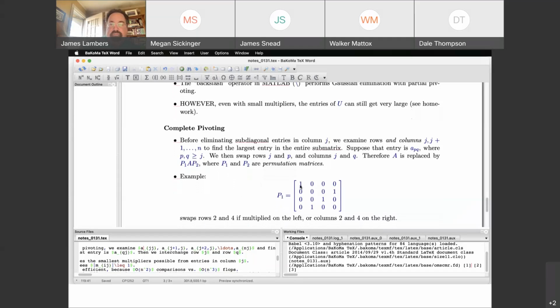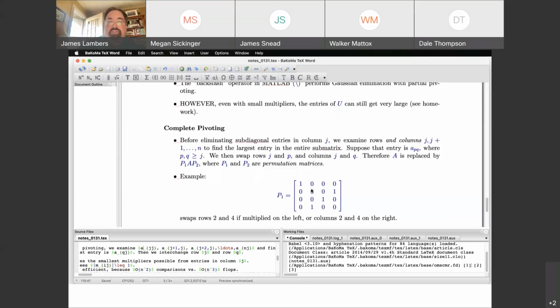Here's an example of a permutation matrix. This matrix has the effect of swapping row 2 and row 4. So it's going to put row 2 into 4th position, row 4 into 2nd position. The way this is figured out is just like elementary row matrices, because a row operation during Gaussian elimination can be thought of as multiplying by an elementary row matrix.